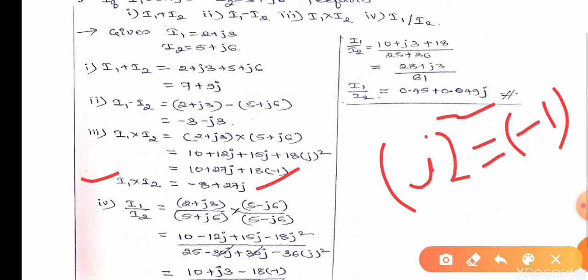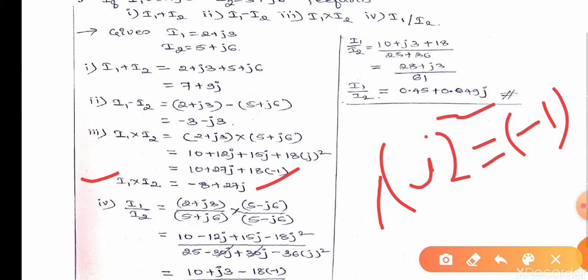Next, I1 divided by I2, 2 plus j3 divided by 5 plus j6. Divide and multiply by 5 minus j6. So you will get 10 minus 12j plus 15j minus 18j square divided by 25 minus 30j plus 30j minus 36j square.